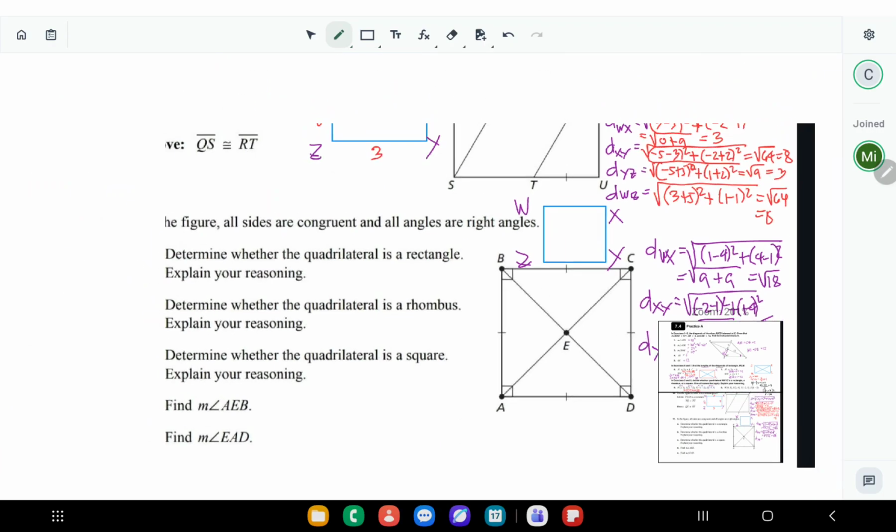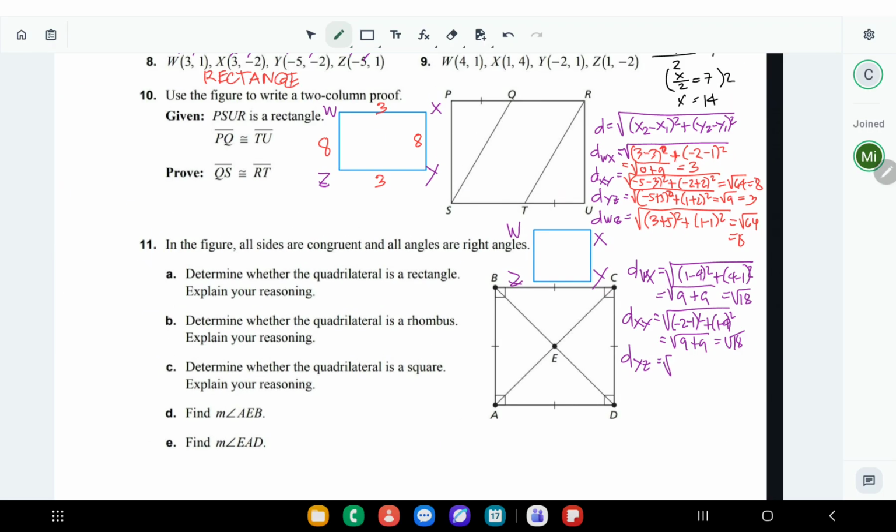YZ is 1 plus 2 squared, negative 2 minus 1 squared. So this is 9 plus 9, square root of 18. Seems like the sides are equal here.